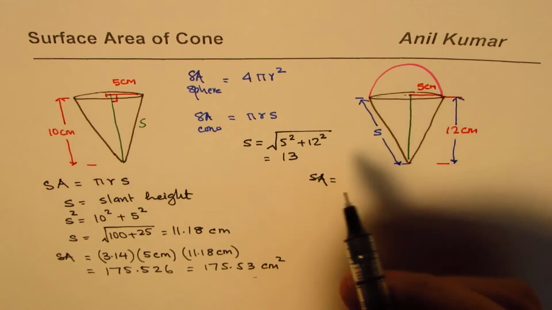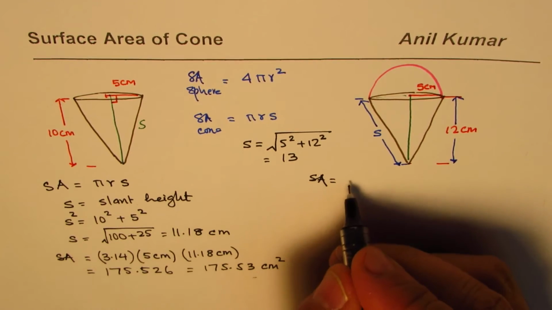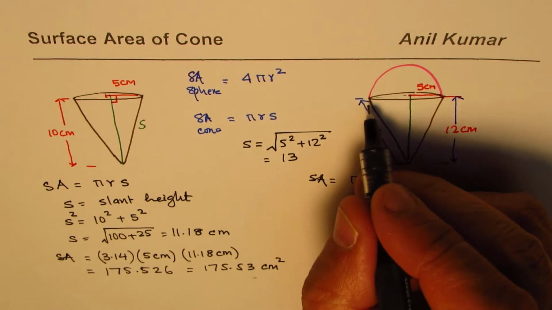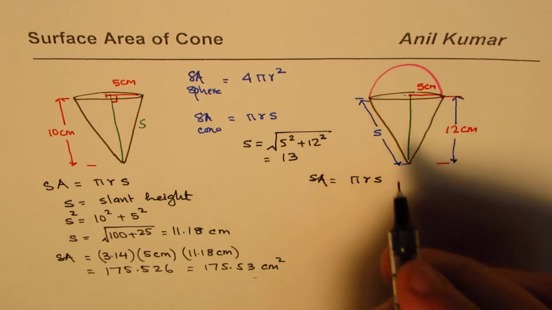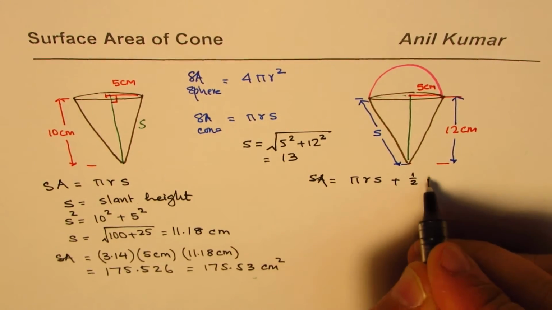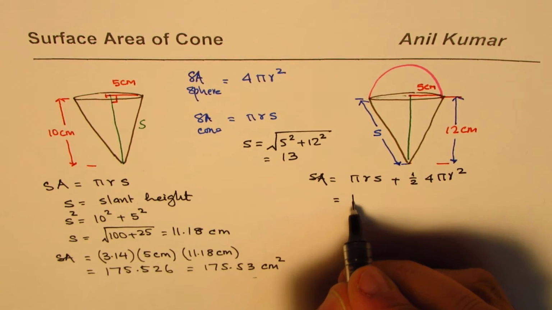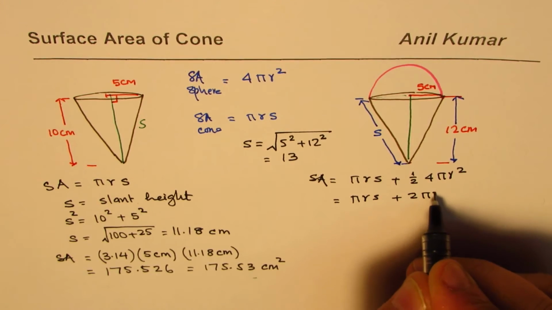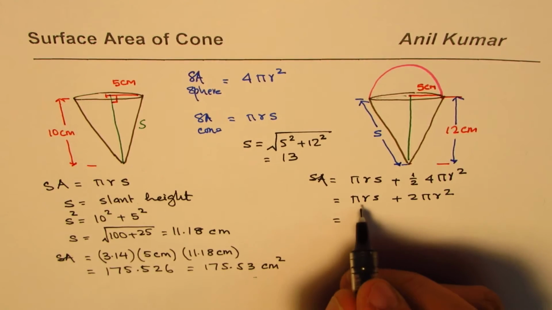The surface area for this particular cone will be pi r s, and then the top. The top is half of the sphere, so it is half of 4 pi r squared. You could write this as pi r s plus 2 pi r squared. Now let's substitute the values.